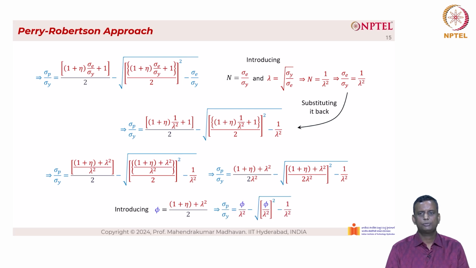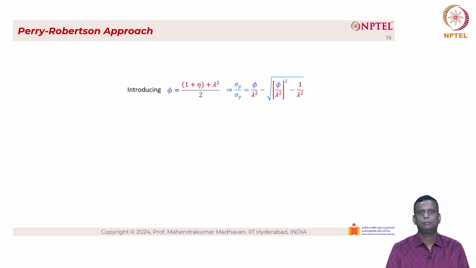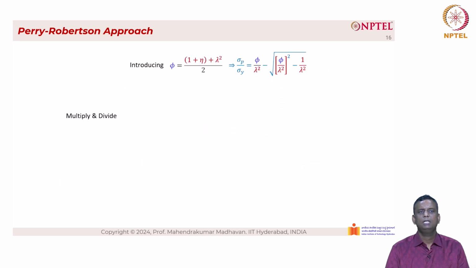Now this gives rise to the equation σ_P/σ_y equal to φ/λ² minus the root of (φ/λ²) the whole square minus 1/λ². We multiply and divide by φ/λ² plus the root of (φ/λ²) the whole square minus 1/λ².